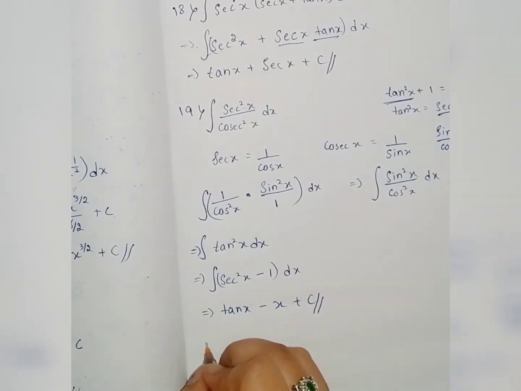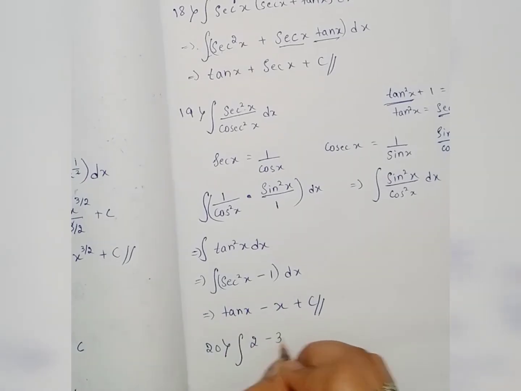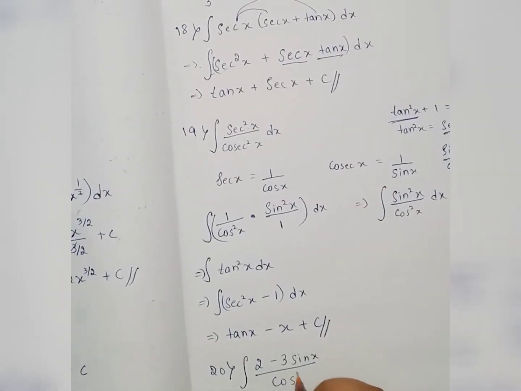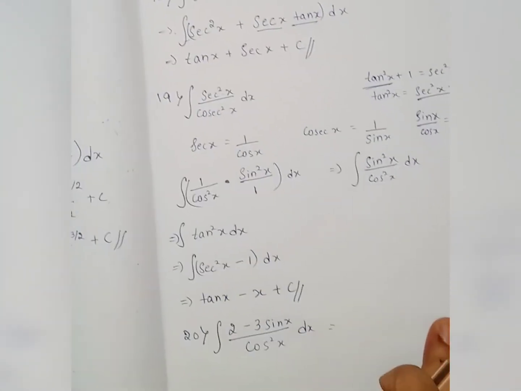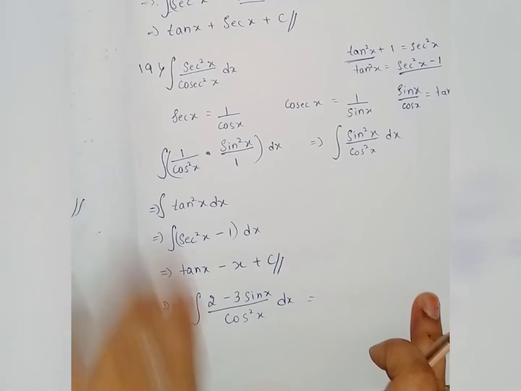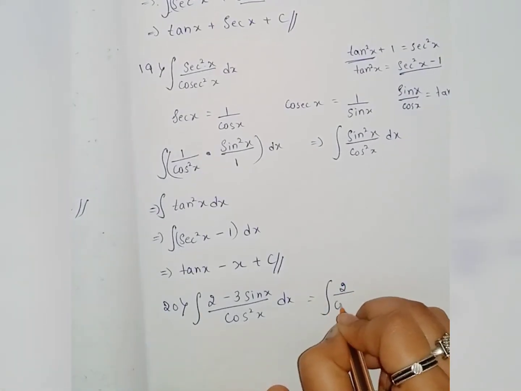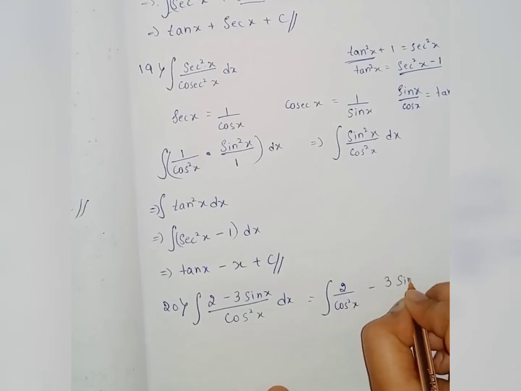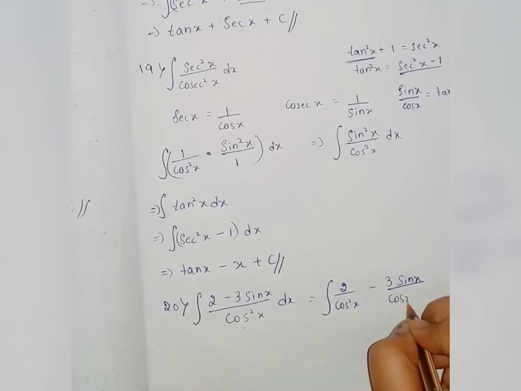Okay, and then the 20th one is integration of 2 minus 3 sin x divided by cos square x dx. Divide each term by cos square x. So we get 2 by cos square x minus 3 sin x by, here I will write this cos square x as cos x into cos x, dx.